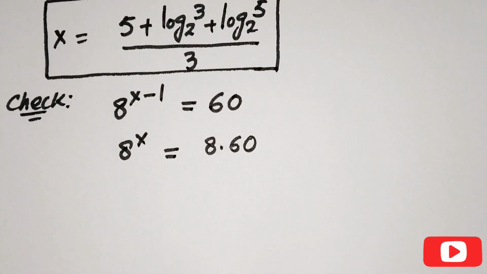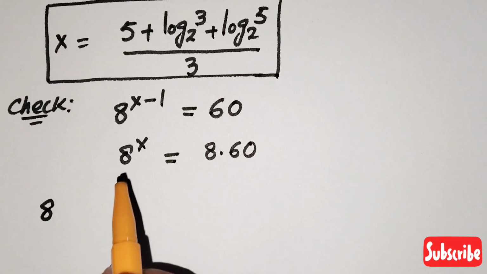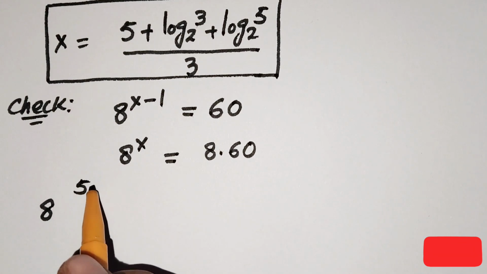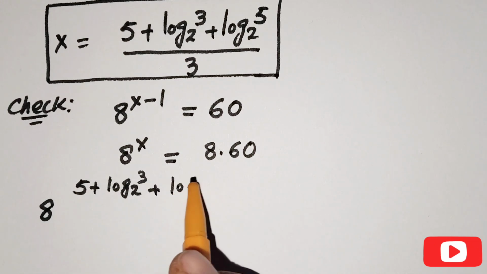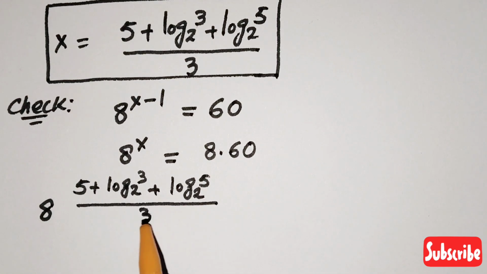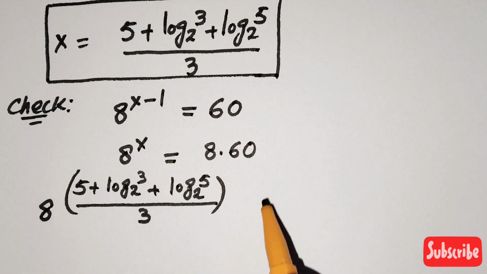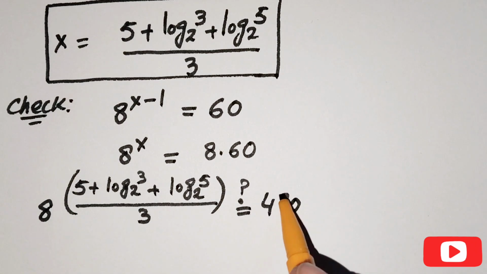Now putting the value of x on the left hand side, we have 8 raised to power 5 plus log 3 to base 2 plus log 5 to base 2 all over 3 is equal to 8 times 60, which is 480.